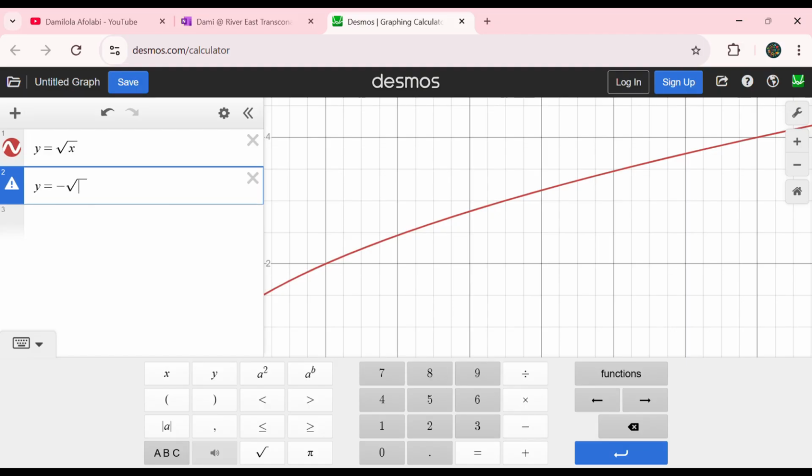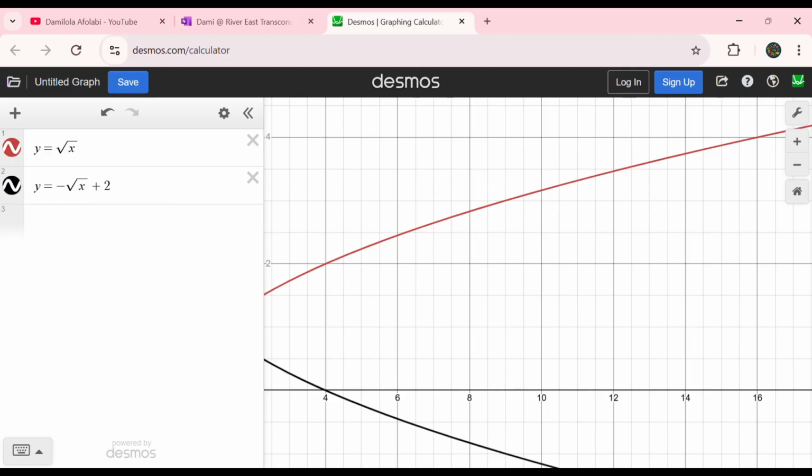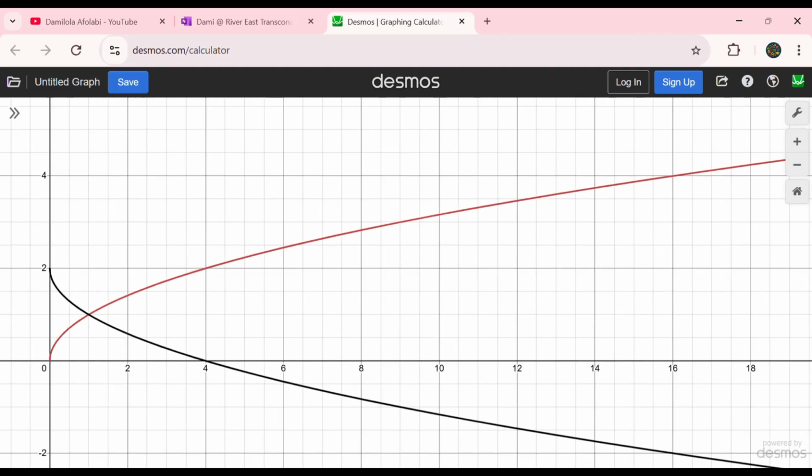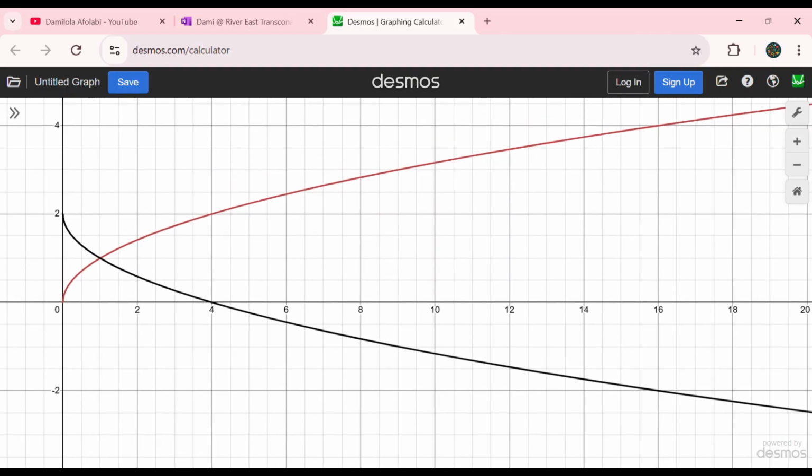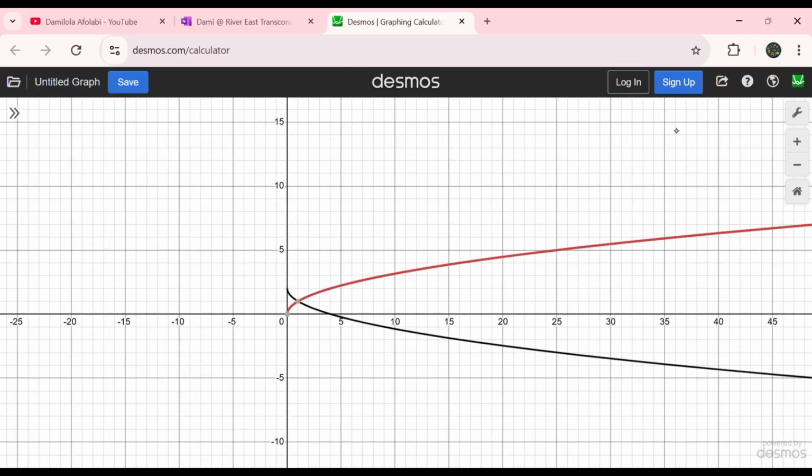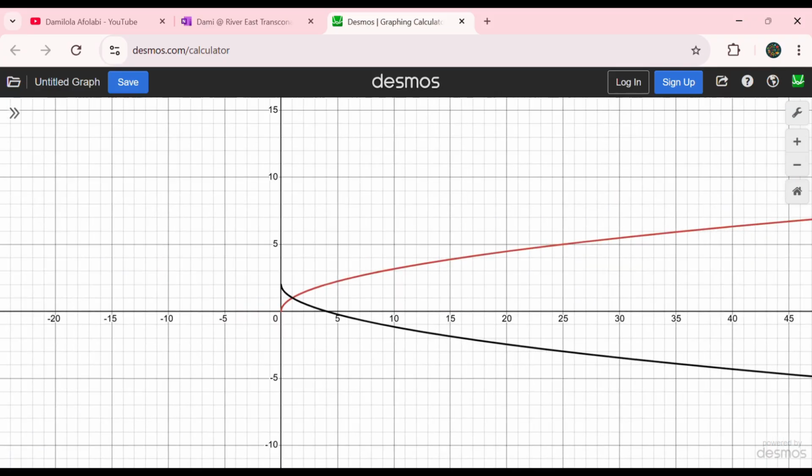y equals negative square root of x plus 2. We can see it over here.